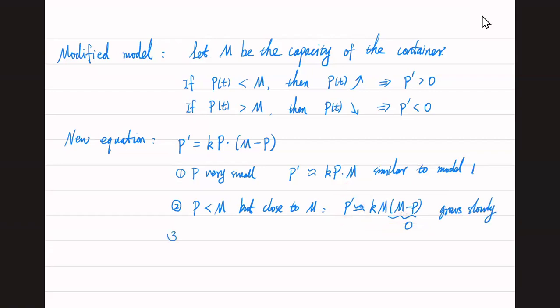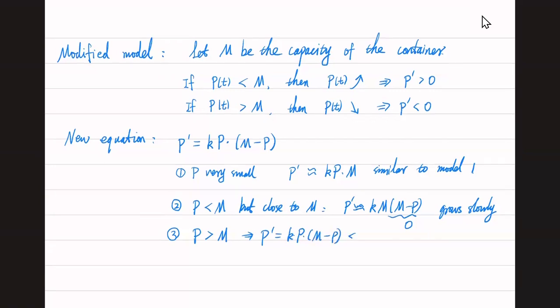And the third case, if the population is already greater than M, then we can see the derivative is less than zero. Okay, what does it mean, Zichen? The derivative is less than zero. If it's positive, we say it grows.